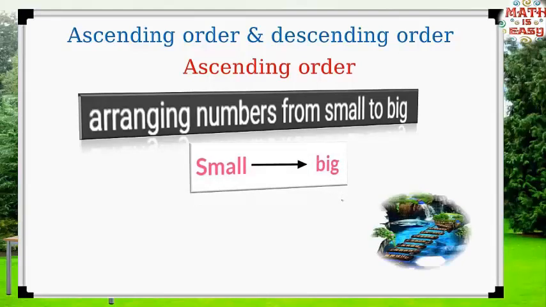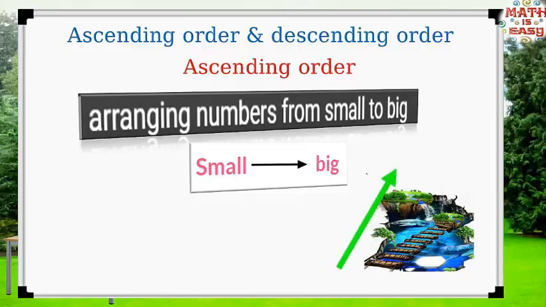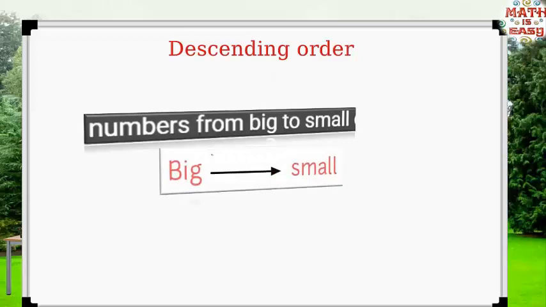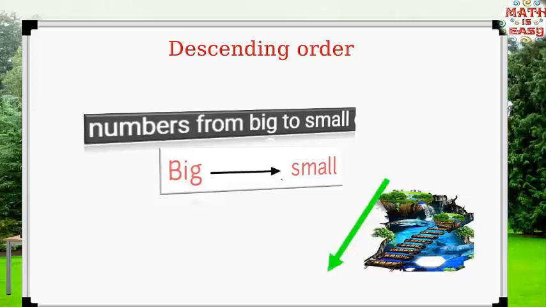Or you can say ascending order means from down to up. And descending order means you should write your numbers from big to small. Start with the biggest number and end with the smallest number. Or you can say from up to down.